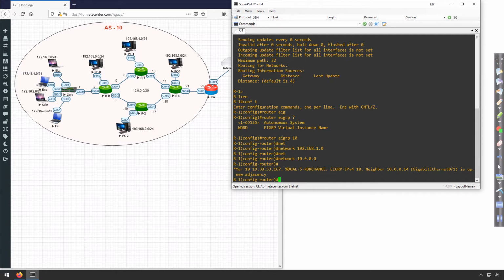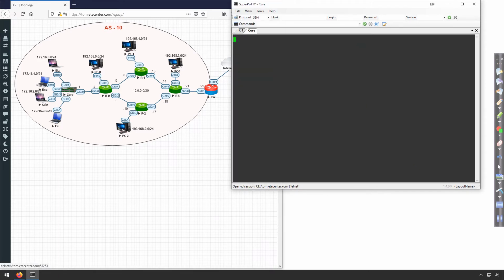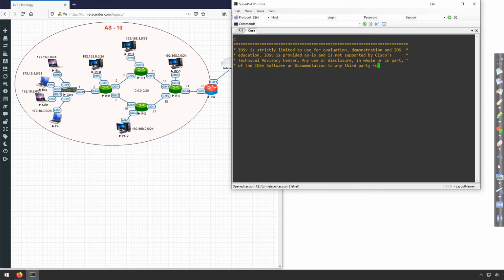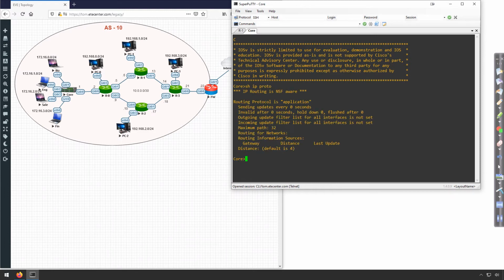Let's continue with the core switch. Again, let's see if it's running any dynamic routing protocol. Show ip protocol. And it is not, except for non-stop forwarding. So let's go to global configuration mode, router eigrp 10.